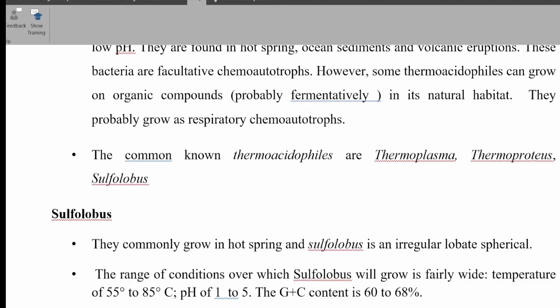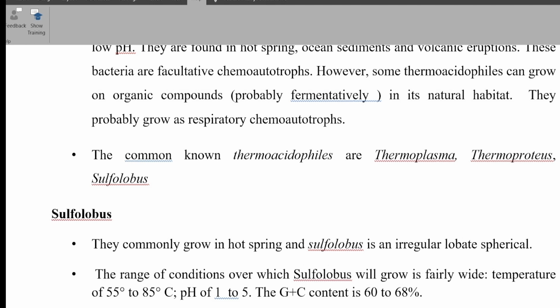So these are the important groups of the thermoacidophiles. I will discuss Sulfolobus because in one lecture it is not possible to provide all the information about the archaebacteria.